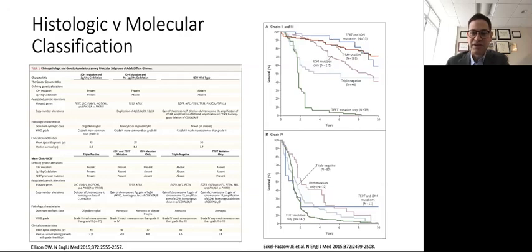With the increasing centrality of molecular data, driven by a pair of publications in 2015 in the New England Journal of Medicine, we've understood that there are several genetic subtypes dictated by IDH, 1p19q, and TERT, and that these molecular subtypes actually predict survival better than grade amongst grade 2 and 3 glioma patients. Our preliminary data suggests that we're able to predict these genetic subtypes using AI and SRH with an accuracy of greater than 90%.